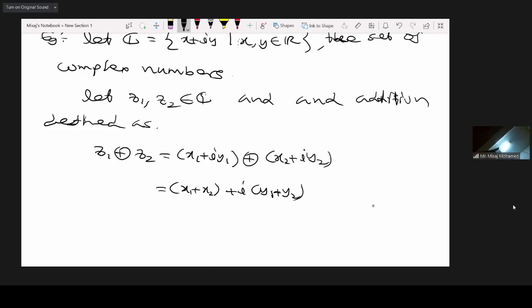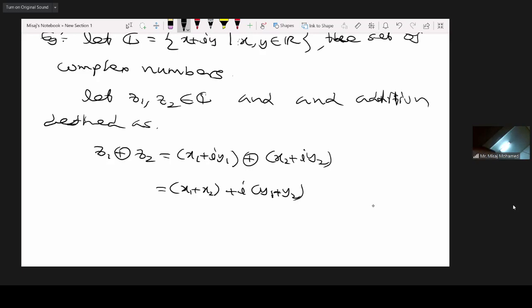Now in here there are two cases. We can think of this set of complex numbers in two ways: whether it is a vector space when the scalar is R, or whether it is a vector space when the scalars are complex numbers.